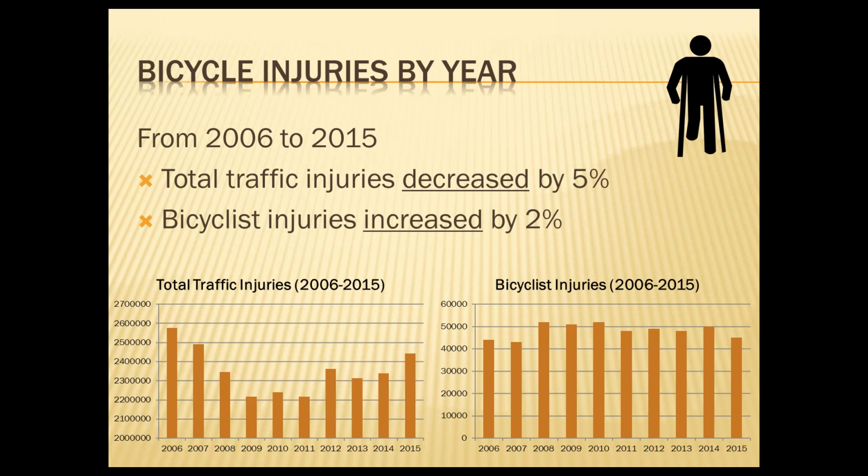And so when you start looking at exposure, and we're getting better numbers in terms of the number of trips, in those communities where we've got good data and there's a lot of bicyclists, it's certainly some good news. It appears that as the number of bike trips goes up, the rates are actually going down.